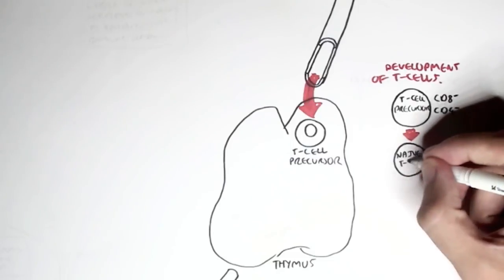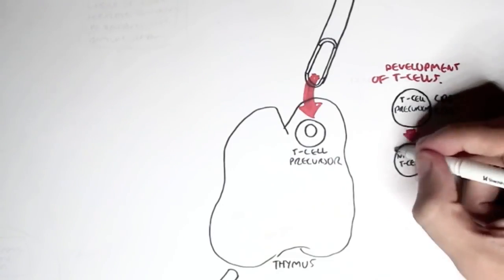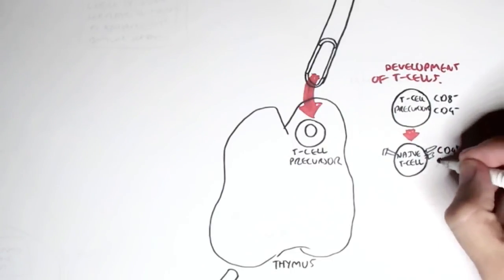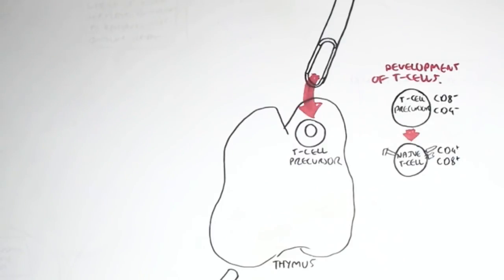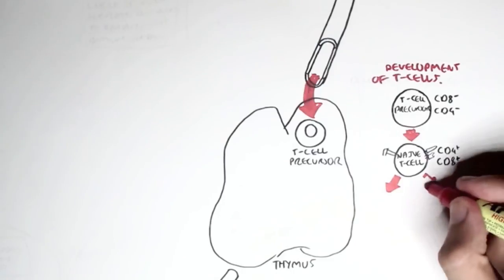However, in the thymus, the T cell precursor will become a naive T cell, which will then express both CD4 and CD8 receptors. And so we write this as CD4 plus and CD8 plus because it expresses both of them.